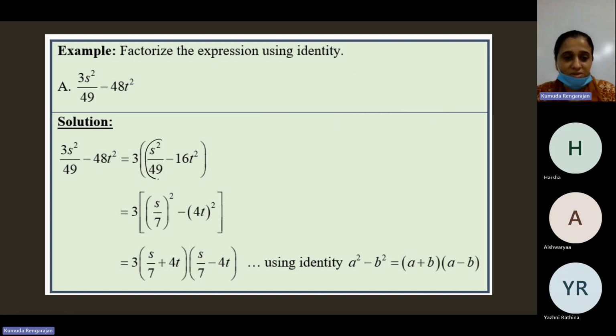So this one should be expressed as a perfect square, and that is s by 7 the whole square. 16t square is 4t the whole square. You must put it in this form. And then now this is a square, a the whole square minus b the whole square, which is a plus b into a minus b.